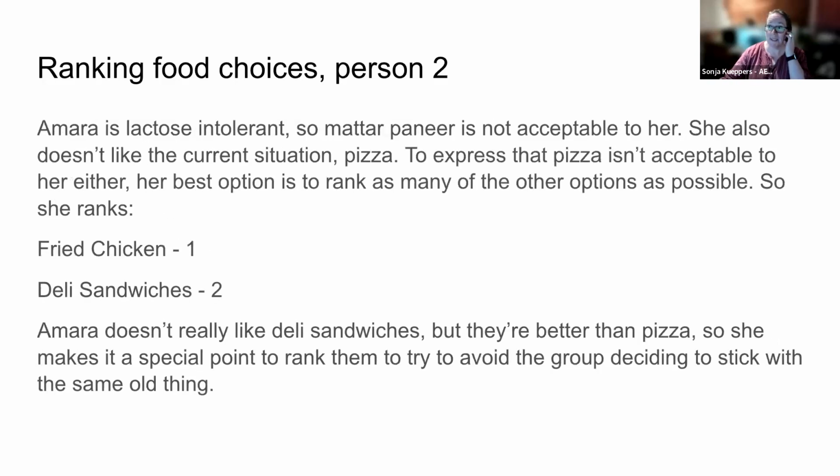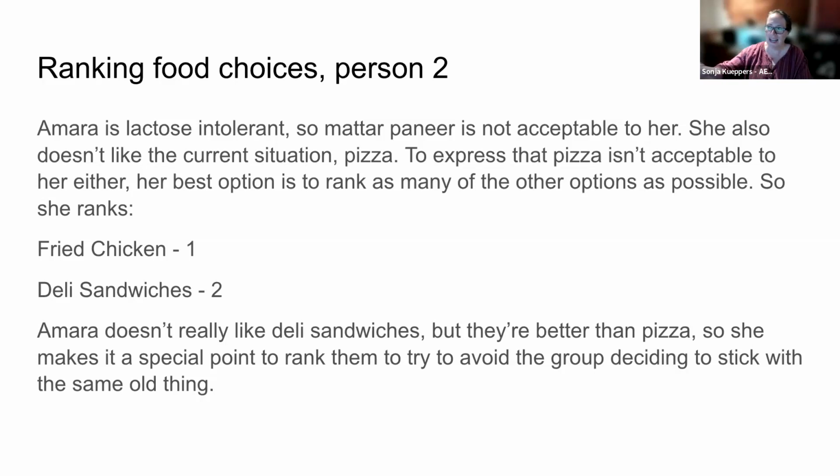Okay, our next person, Amara. Amara, she's lactose intolerant, so she doesn't like mutter paneer, and she also doesn't like the current situation, which is pizza. For her to express that pizza isn't acceptable to her and that mutter paneer is not acceptable to her, her best option is to rank as many of the other options as possible. There's no way for her to just say, I don't like pizza, right?